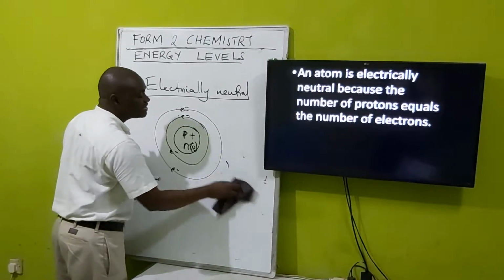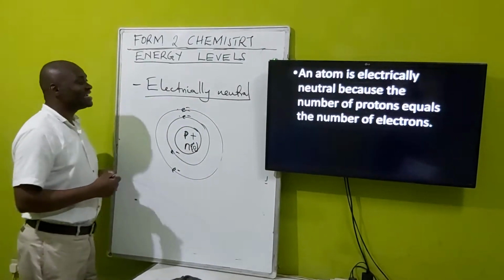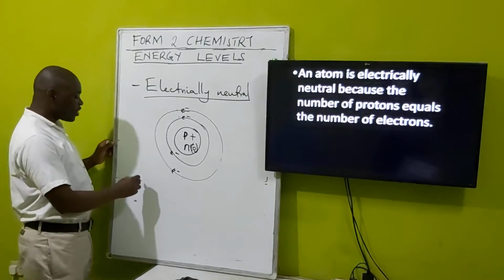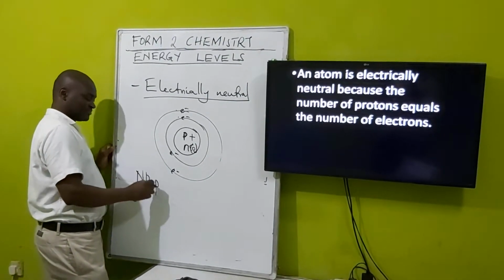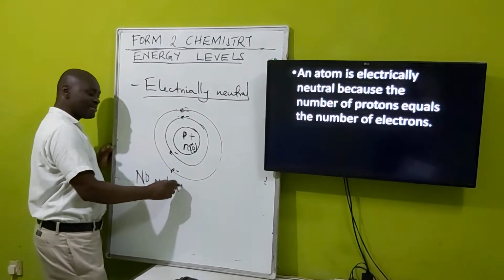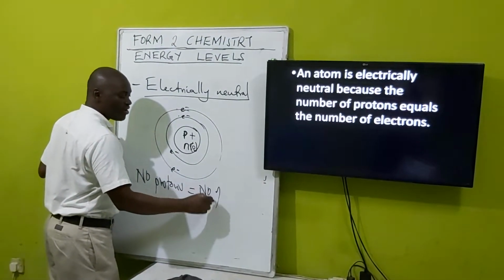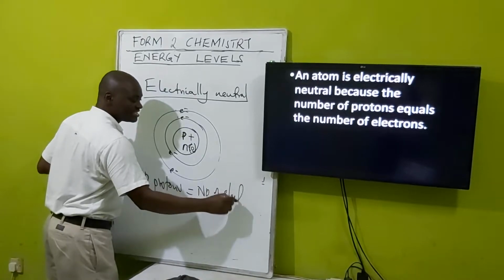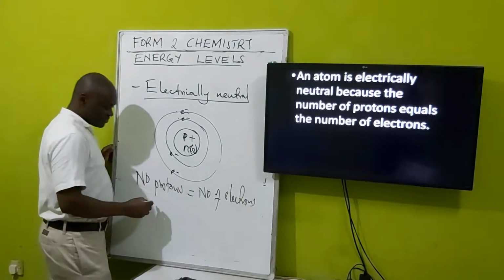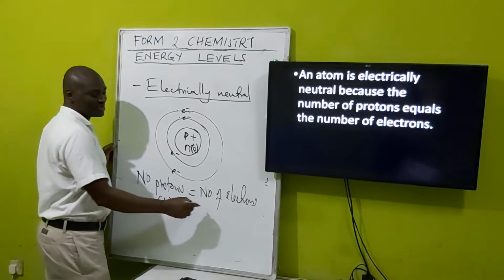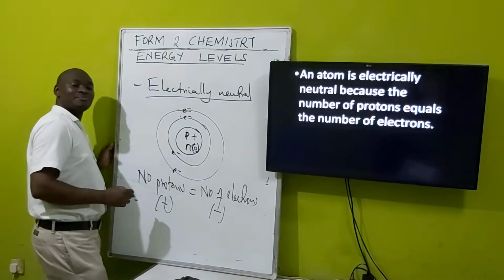The reason why an atom is electrically neutral is because the number of protons, which is the number of positive charges, equals the number of electrons. So the number of positive charges equals the number of negative charges.